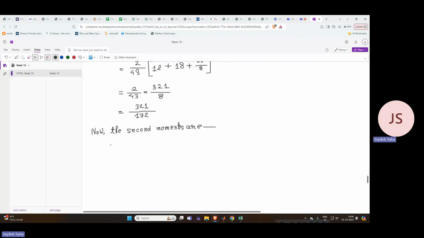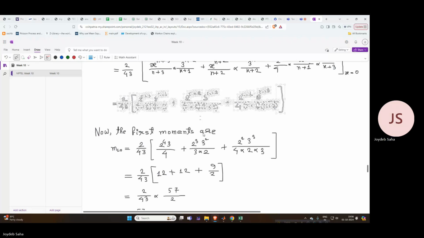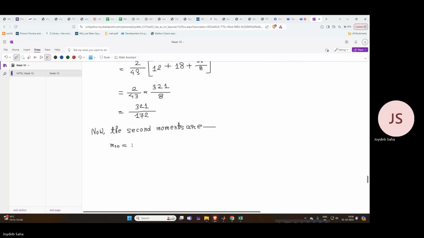Second moment, first one is M20. Okay, let us write it here for our better understanding, just for simplicity.